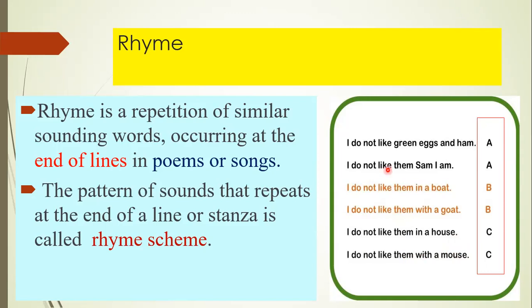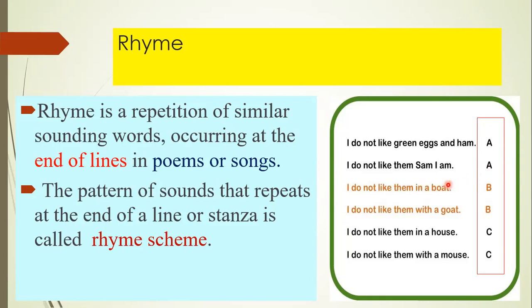So, in recognizing the rhyme, those people interested in poetry give the rhymes letters of the alphabet. For example, here, the first sound M will be given the letter A, and since it is the same, it will be given the same letter.